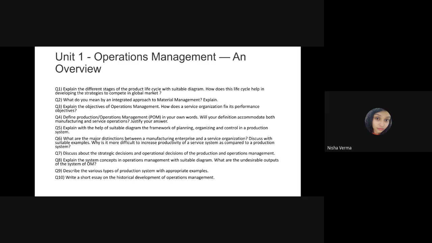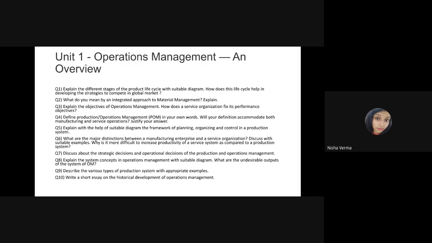Lead time is the time elapsed in the conversion process, minimizing idle time, delays and waiting. Capacity utilization will be there, and flexibility will be there.